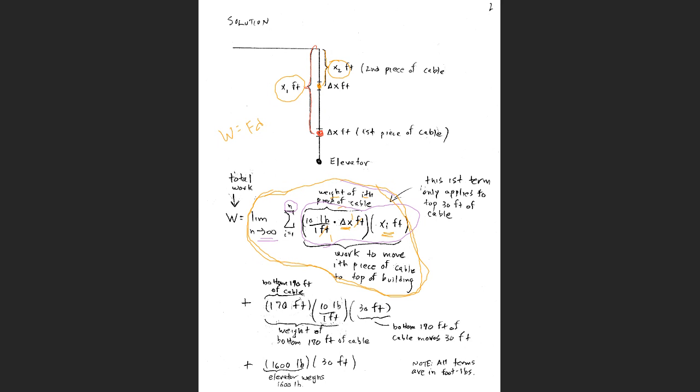What's that going to approach? What always happens when you have a Riemann sum and you take more and more subintervals and let n, the number of subintervals, go to infinity? What's the Riemann sum become? It becomes an integral. That's right, Yonatan.